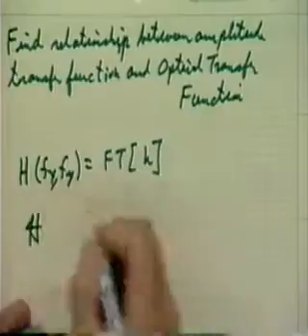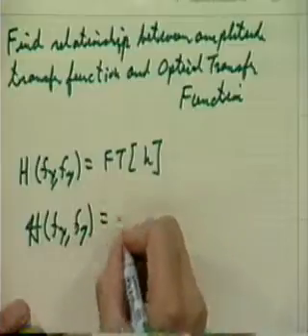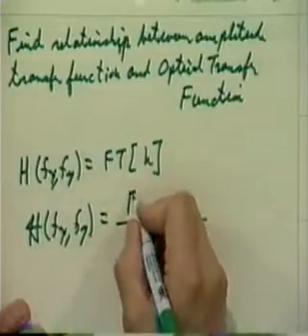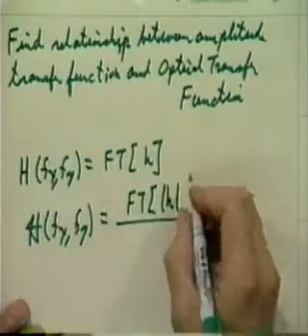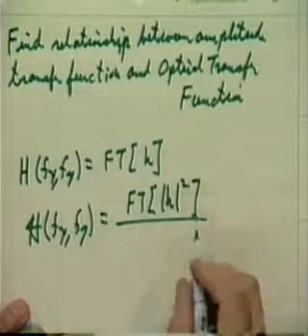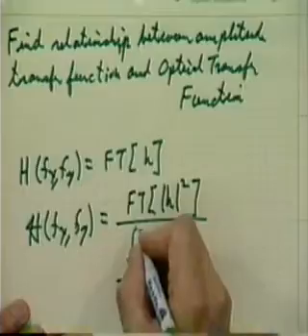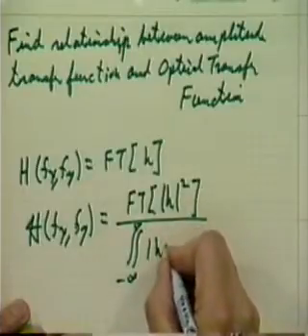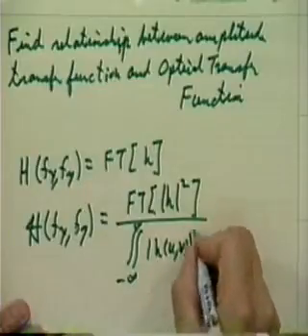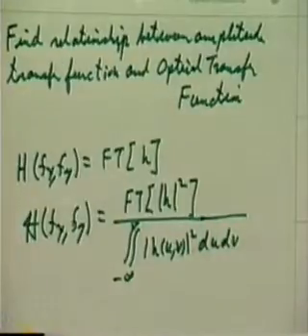And the incoherent transfer function was the Fourier transform of h squared, the intensity point spread function, normalized by dividing by the integral of the magnitude of h of u and v squared du dv. So it's just divided by whatever the value was at zero spatial frequency.